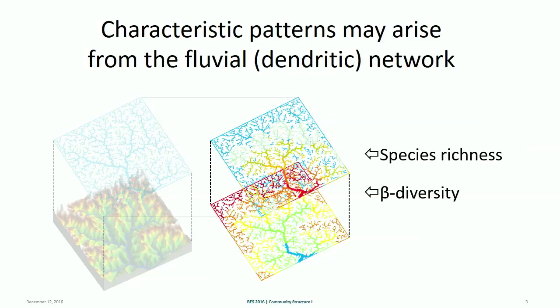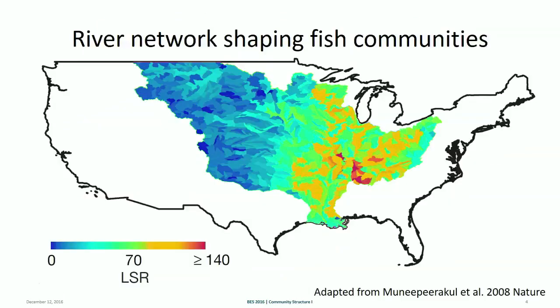So these are not just theoretical expectations. It has been shown, for example, in fish communities. Here is the Mississippi River in the United States, and here you can see that from headwaters downstream to the outlet side of the Mississippi, fish species richness is increasing.